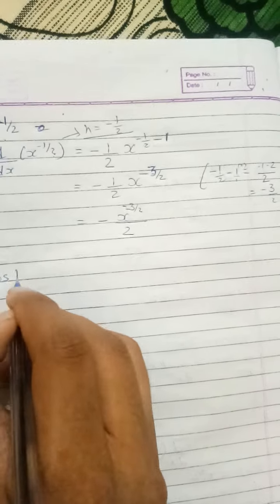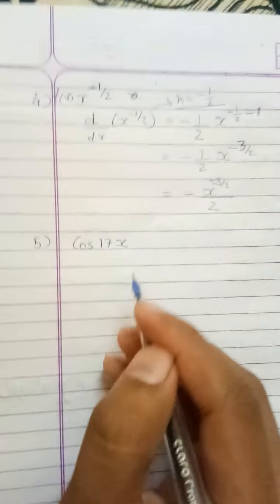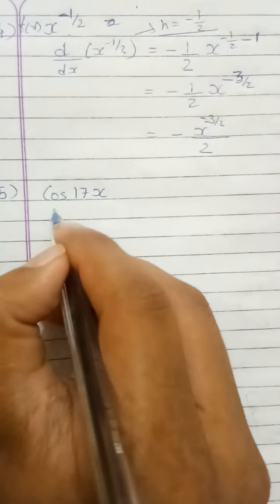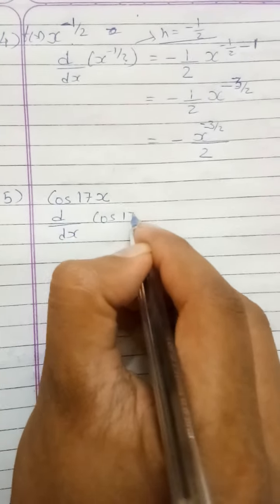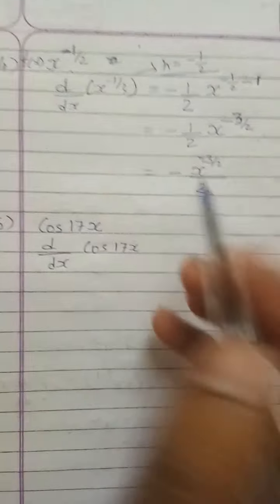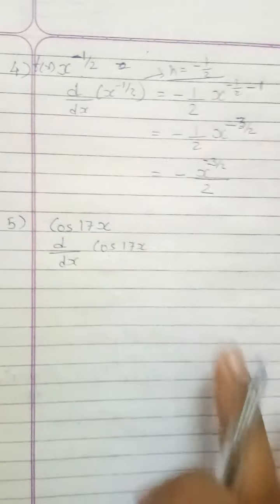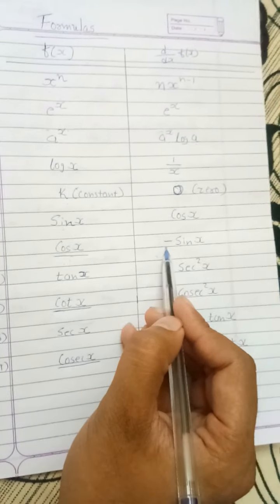Cos 17x, function is given cos 17x. So derivation of cos 17x, we know the derivation of cos x is nothing but minus sin x.